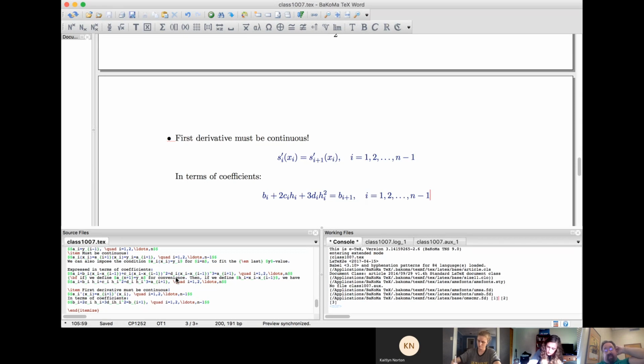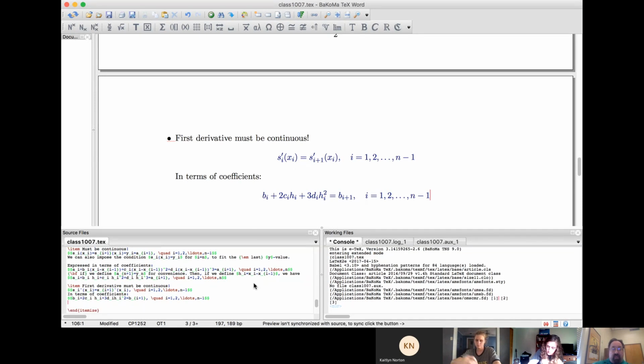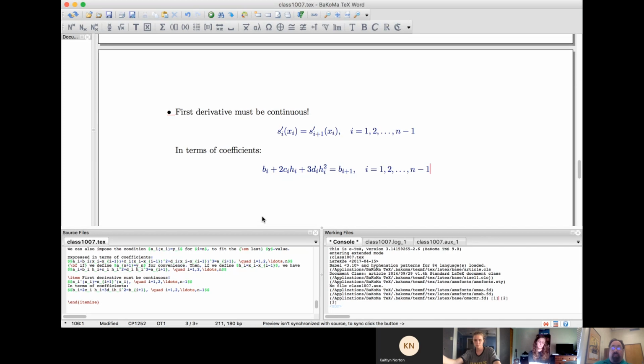Okay, so that ensures that the first derivatives meet up in a continuous manner at these interior points. All right. So far we have n plus n minus 1, 3n minus 1 conditions. I still need n plus 1 more to complete the set.